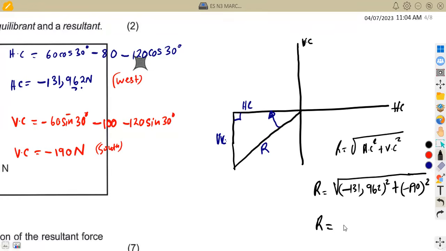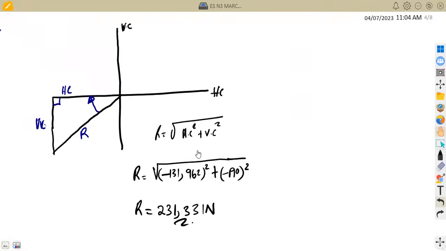So you're going to have your R as 231.33086, which rounded off is 231.331 Newton. All right, so that's our resultant.